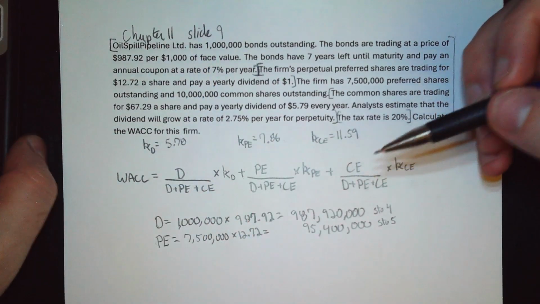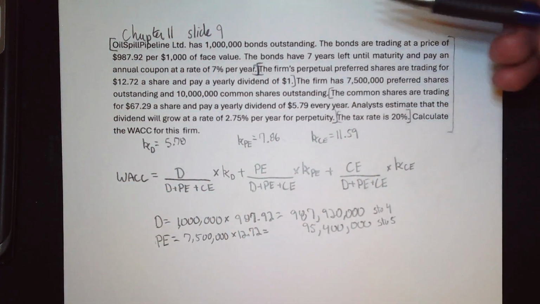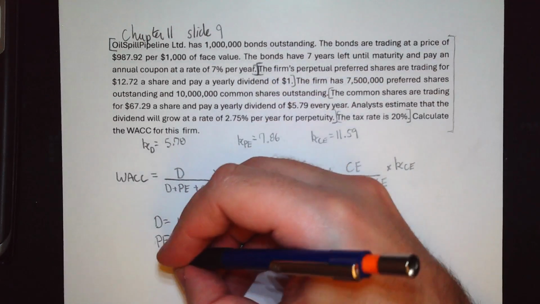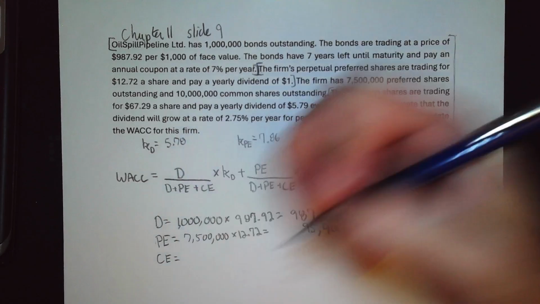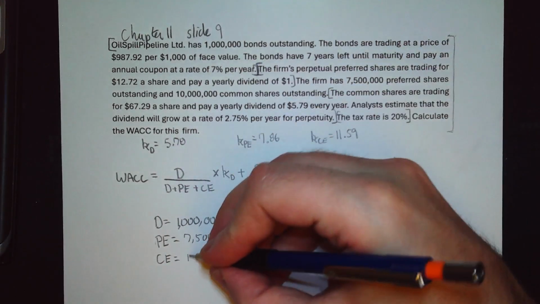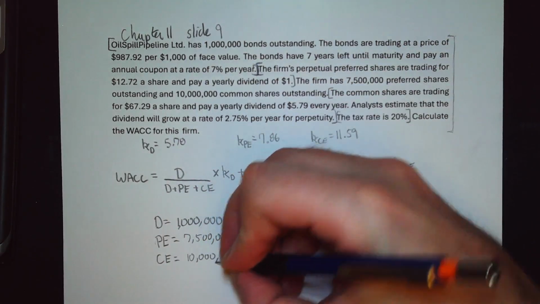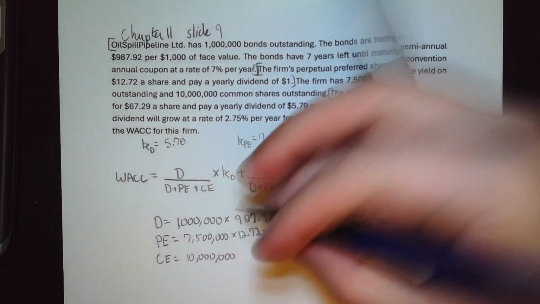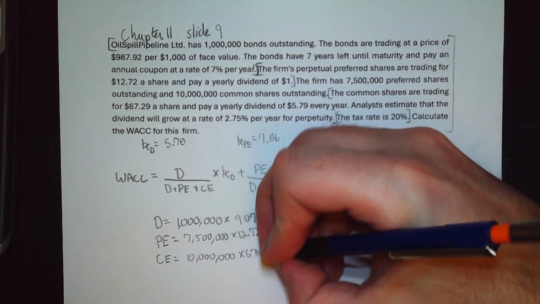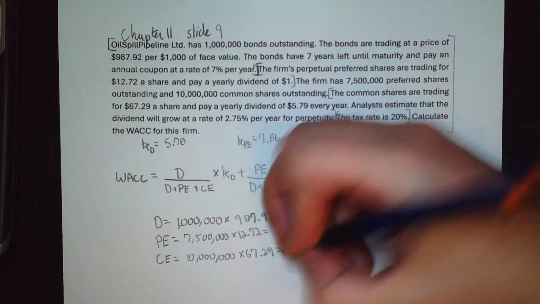And finally, we have to calculate the market value of the common equity. There are 10 million shares outstanding, and each one of those shares is worth $67.29.